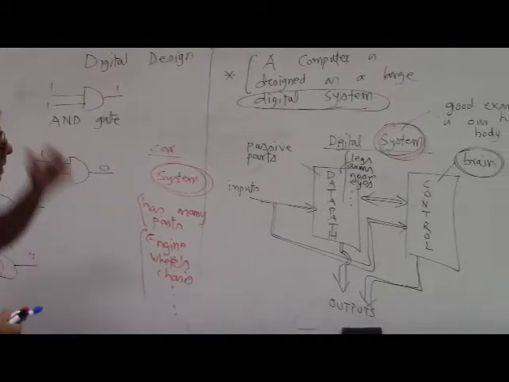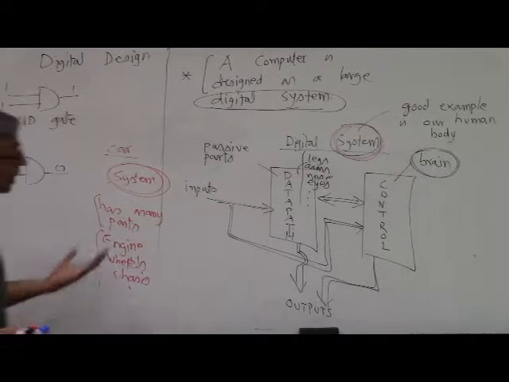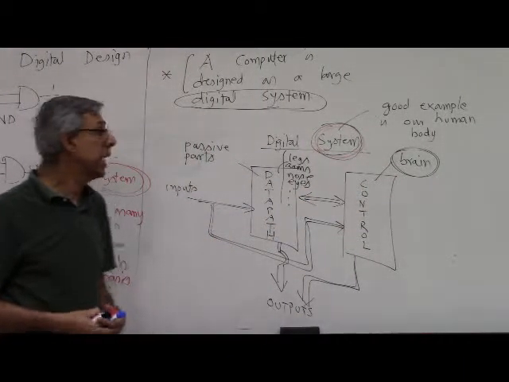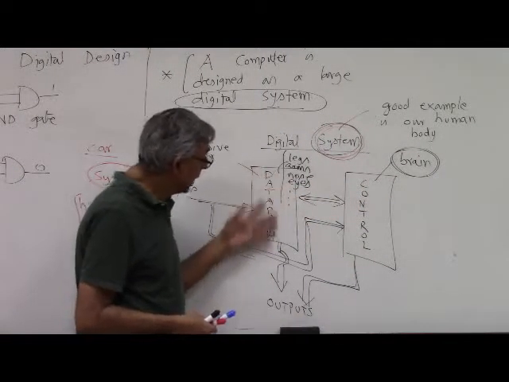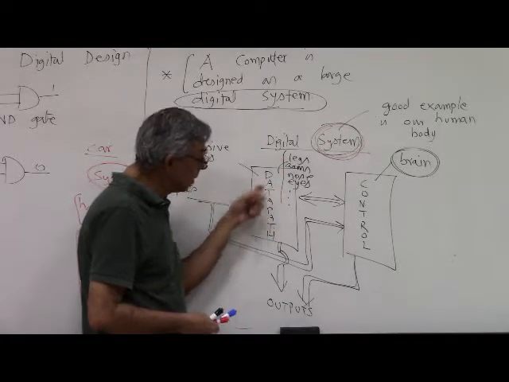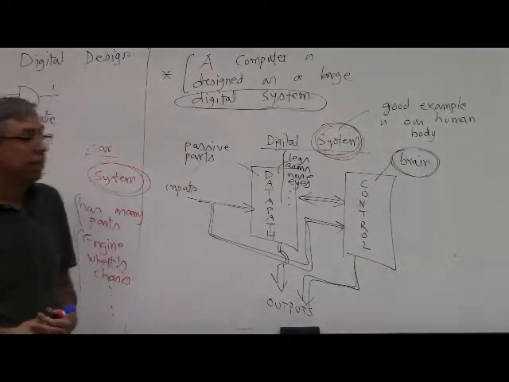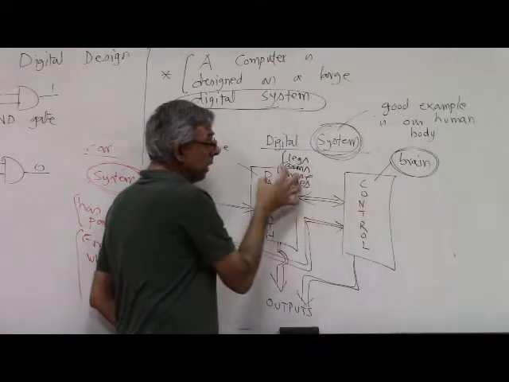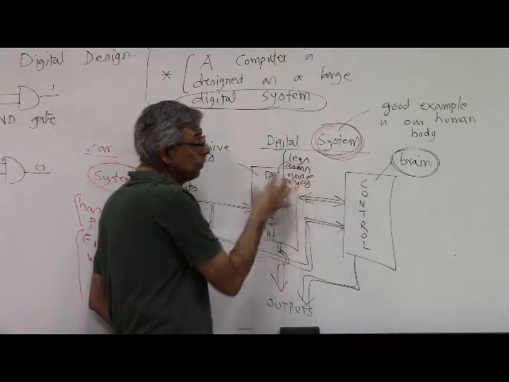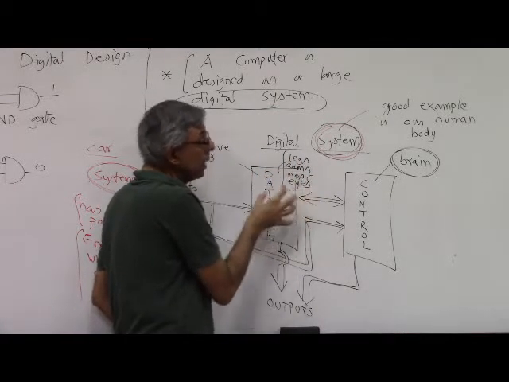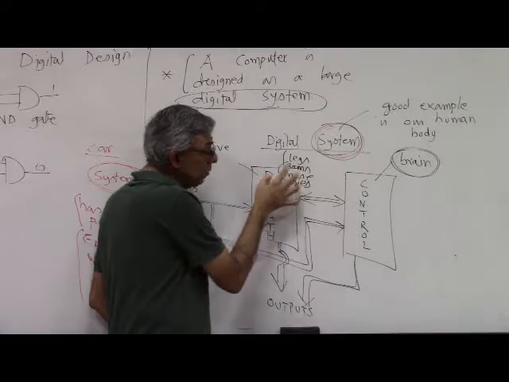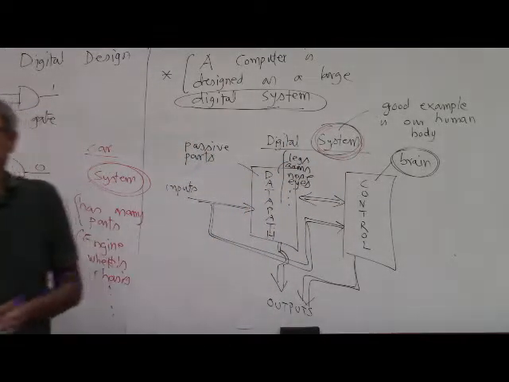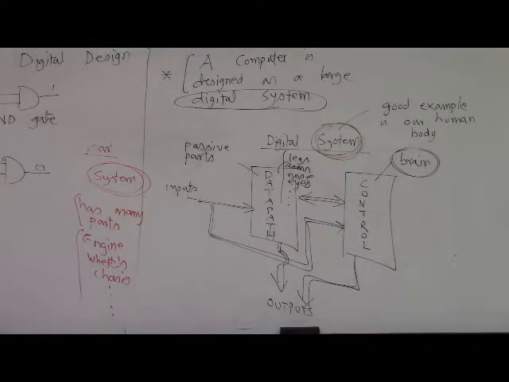Very similarly in a computer, there will be an equivalent of a brain, and an equivalent of all the parts, which we call the data path. Once we put it together in a meaningful way, such that the brain is able to tell these things what to do, what to compute, where to take the input, and where to connect the output to another subsystem, our computer will be ready.